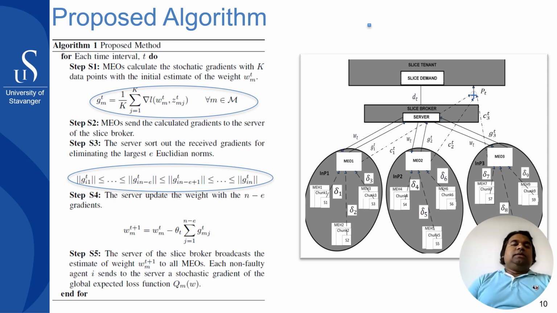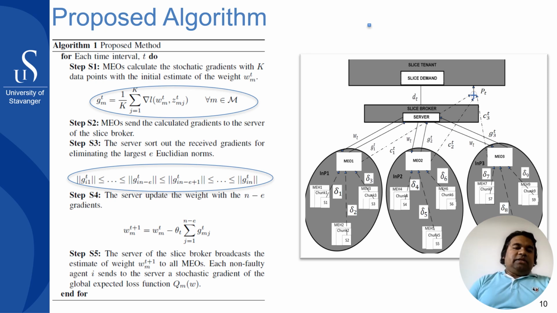This will be very helpful to ignore the Byzantine faulty nodes, because even if they send some odd values, by calculating these Euclidean norms of gradients we can skip the most deviated values. So those noisy values can be skipped this way. This is very important for us.